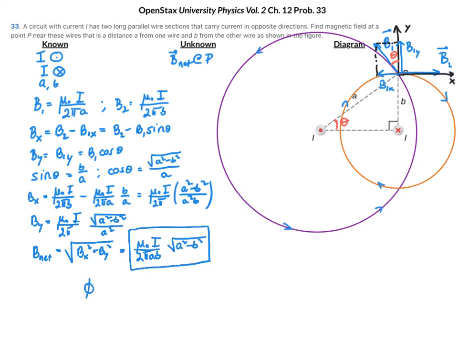The angle with respect to the x-axis will be the inverse tangent of By divided by Bx, and that is the inverse tangent of b divided by the square root of a squared minus b squared. So this is the direction of the magnetic field.